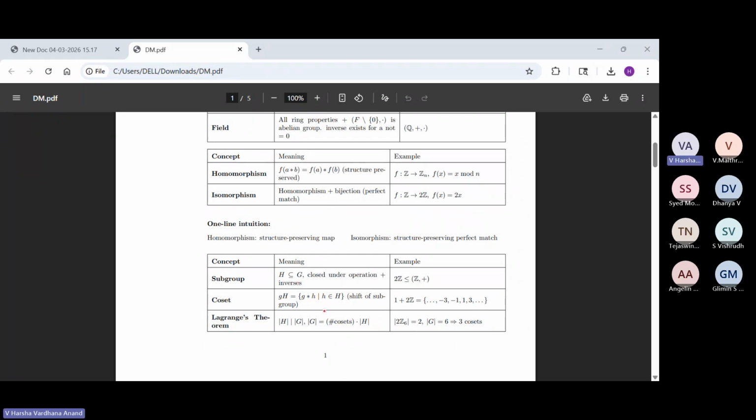Lagrange's theorem states that n is perfectly divisible by x, so n equals m times x.